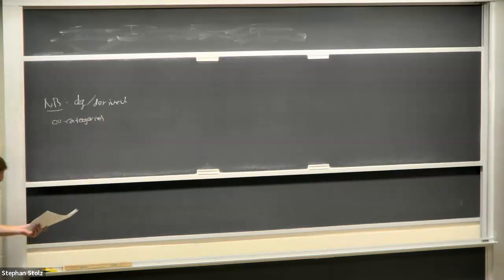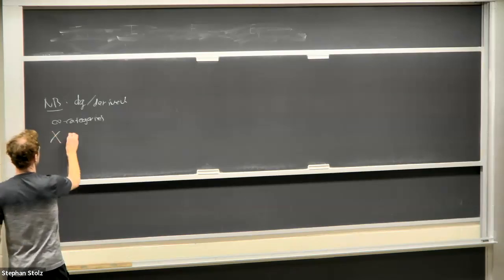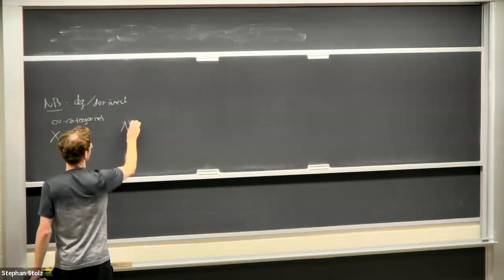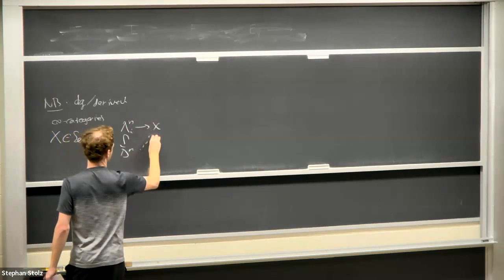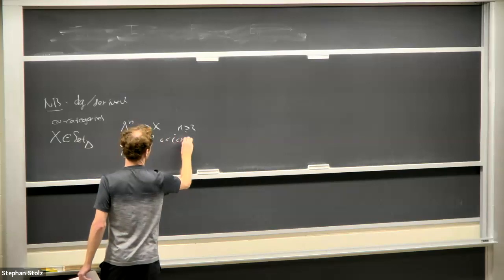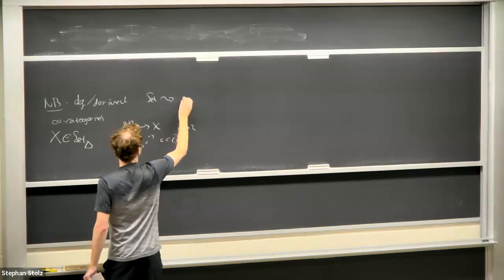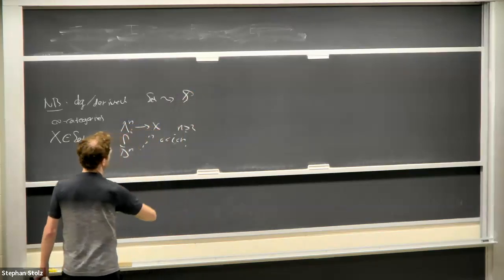I'm a very down-to-earth person, so for me, an infinity category is a simplicial set that satisfies inner horn lifting. So we replace the category of sets by the infinity category of spaces, which will not look like an S, but that's what it is.